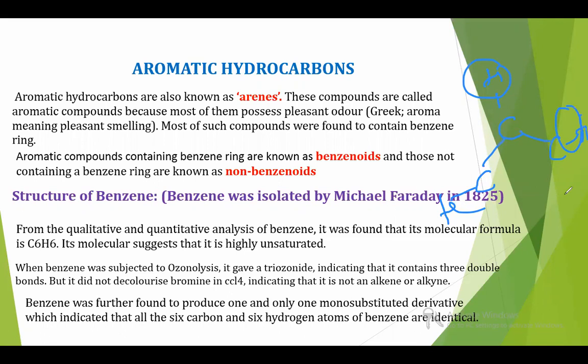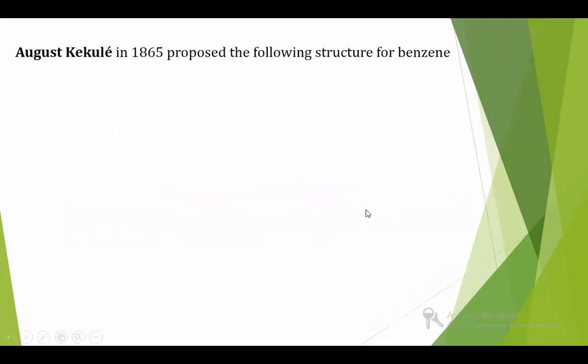So based on this experimental data, many scientists were trying to get the structure of benzene, but finally it was proved and explained by Auguste Kekulé in 1865, who proposed the following structure.